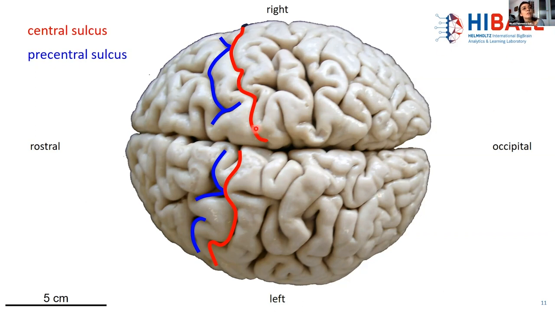For example, in the right hemisphere, the precentral sulcus has a branching close to the longitudinal fissure, but it doesn't have this branching on the left hemisphere. You can see that on the right hemisphere, the precentral sulcus is continuous, at least at this dorsal location, whereas on the left hemisphere, we've got an interruption.